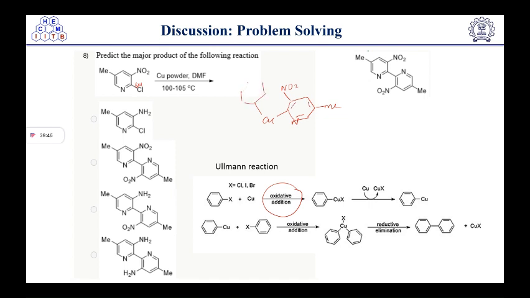Here also the same thing. Okay, this way. Got it? So metal halogen exchange is taking place in the first case, then oxidative addition, and we are getting this one. Then after this one, reductive elimination will take place.